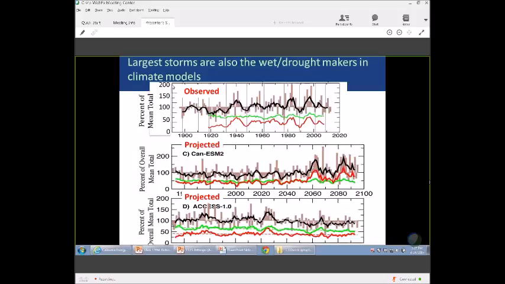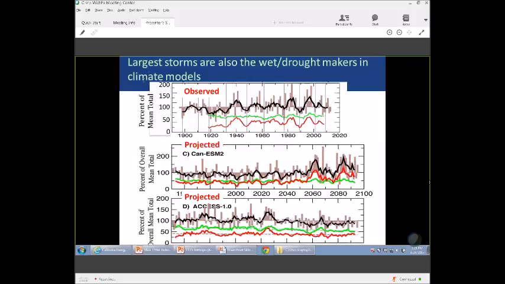Down below we're doing the same thing to a couple of projections under the so-called RCP 8.5 scenario for a couple of different CMIP5, or current generation, climate models. The wiggles aren't always so obvious in these models, although you do get these occasional 10 to 14-year bumps showing up.